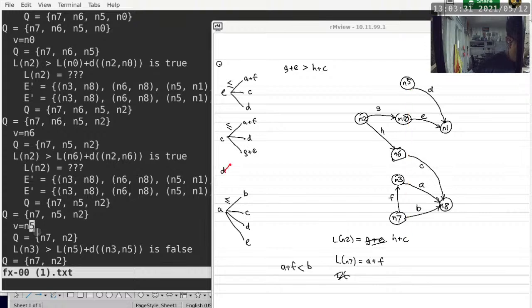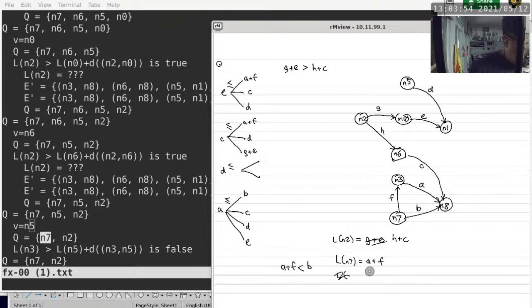So we know that D is less than or equal to two things. Okay. So the two things it is less than would be the L value of N7 at this point. So we know the L value of N5 is less than the L value of N7. And N7 is A plus F at this point.